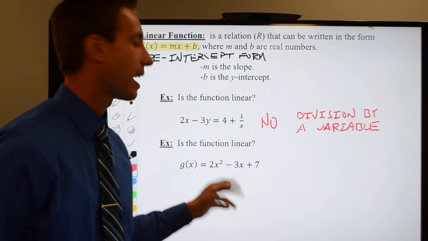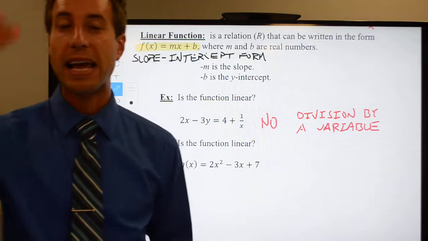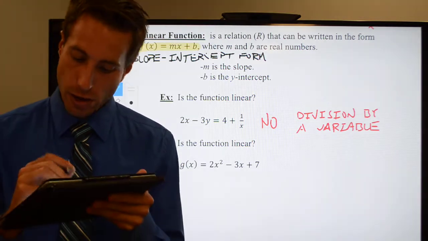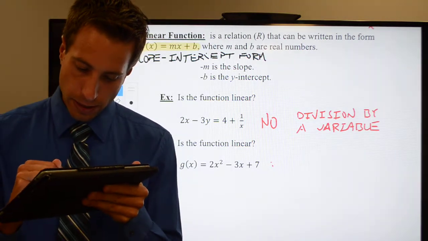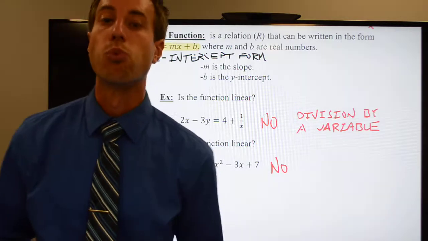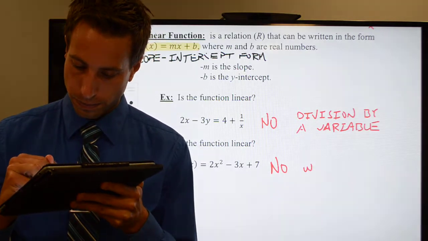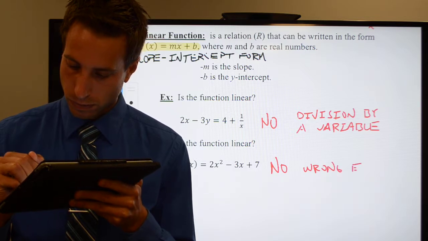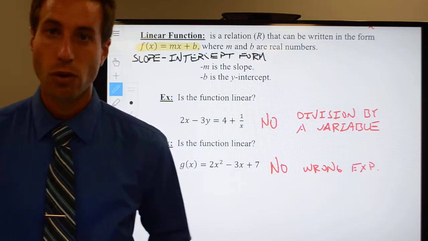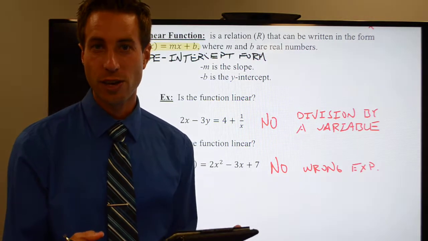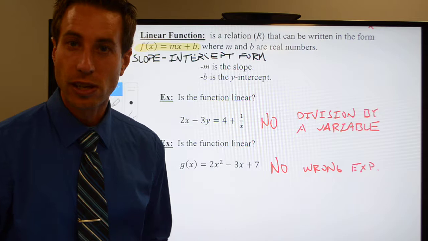And right away, aha, I see that I have a problem. My x is squared. Because I fail that third test, no, this is not a linear function. And the reason, I have the wrong exponent. That takes care of all the problems on this page of the notes. Head on over to the next page, and I'll meet you there.